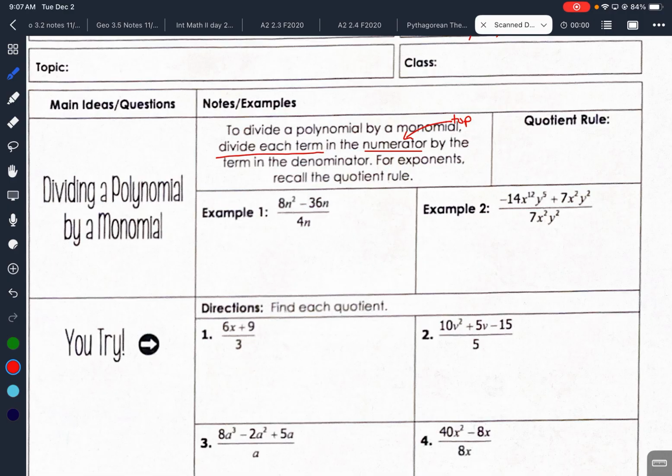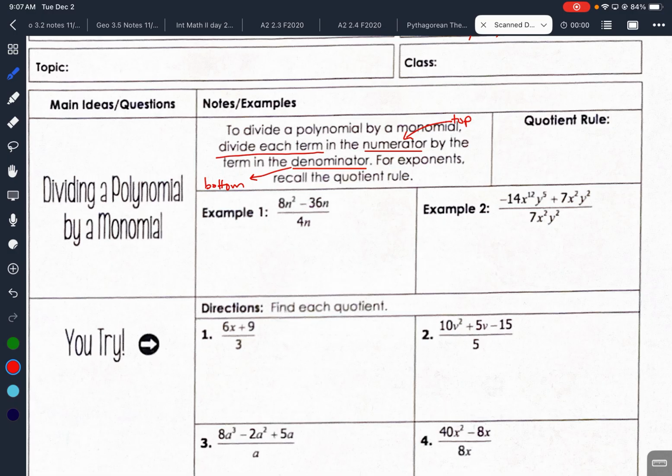By the term in the denominator. The denominator is the bottom. How you remember that is denominator starts with D, down. Got it? So denominator is the bottom of a fraction, numerator is the top of the fraction.